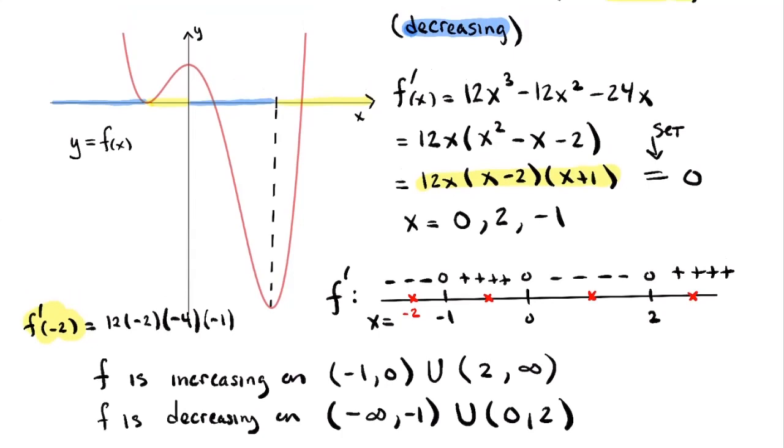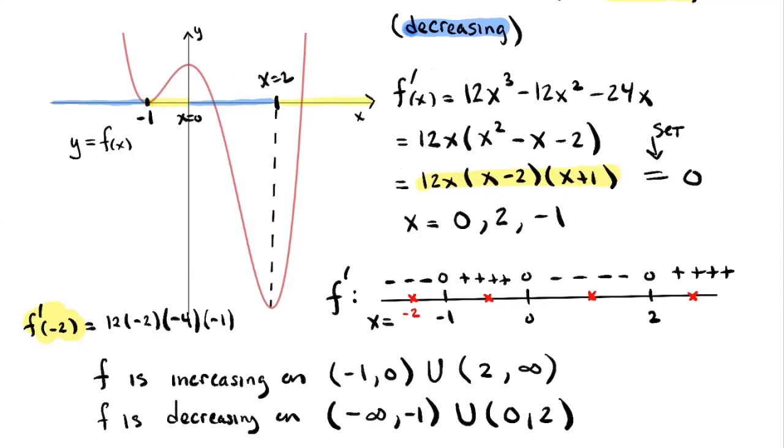We know precisely what this x value is. That's the x value -1. It was sort of clear, I think, that that's the origin, but that's x equals 0, and this must be x equals 2 over here, yeah? So those are the precise cutoffs where that function is decreasing, then increasing, and so on.